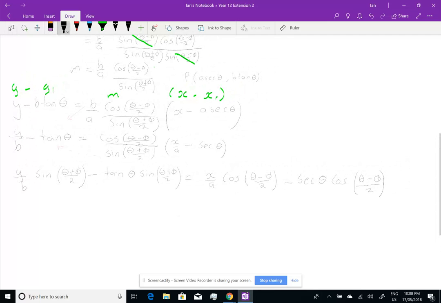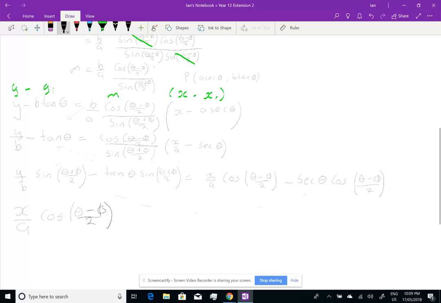So I'm going to bring the y across, and I'm going to take the sec over, but I'm going to write all the x and y on the left-hand side. So even though I'm writing this on the left-hand side, realise what I've done is I'm going to take that y over there, I'm going to take that sec over there, but I want to write my x and y on the left-hand side. So what I've got is x on a cos theta minus phi on 2.